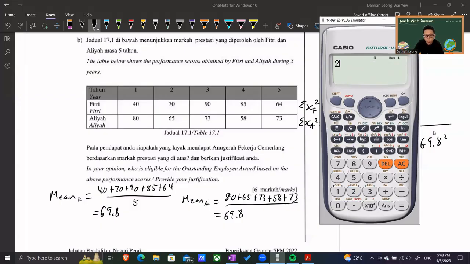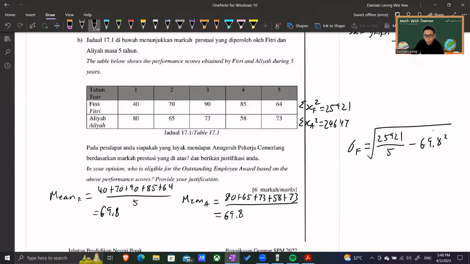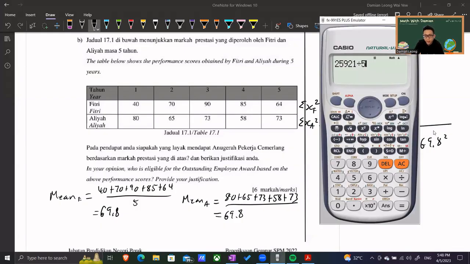So it's 25,921 over 5 minus 69.8 squared, and then square root the whole thing.